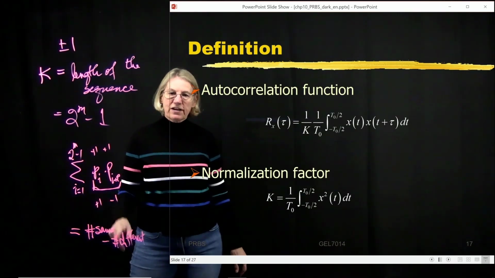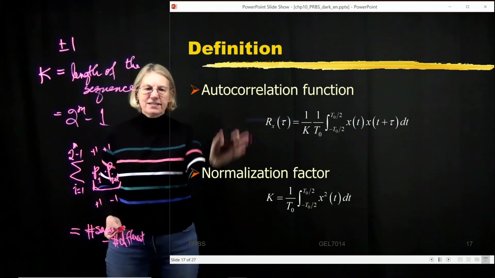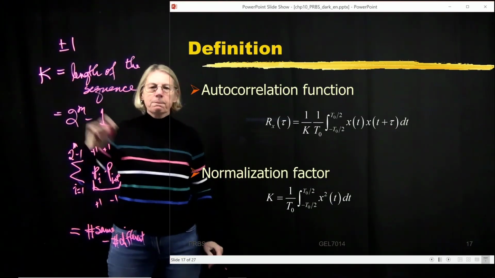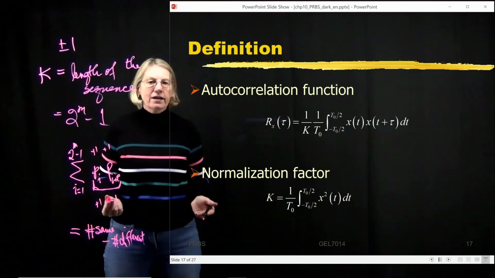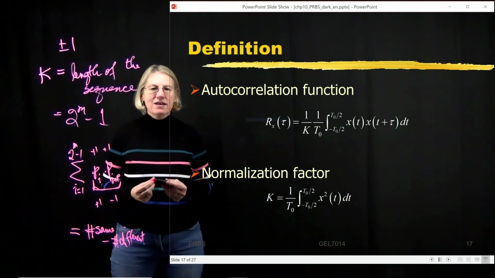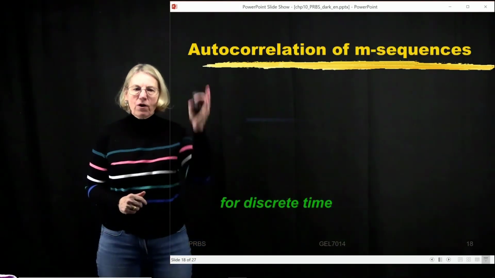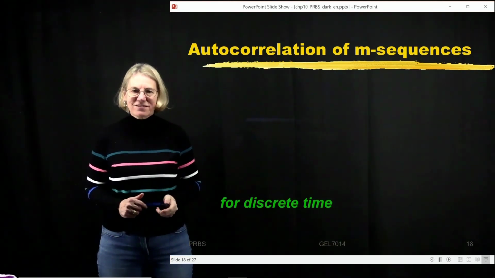So this makes it very easy for me to calculate the autocorrelation function. So now I'm going to take this definition, use this normalization factor, and calculate what the autocorrelation function looks like for this maximal length sequence, this pseudo-noise sequence. So we'll be looking at the autocorrelation of M sequences, but for the discrete time case.